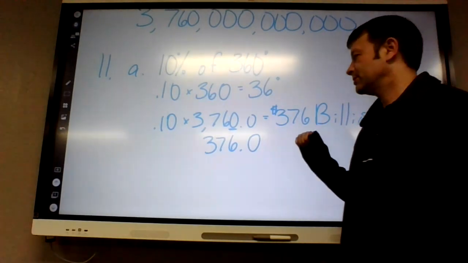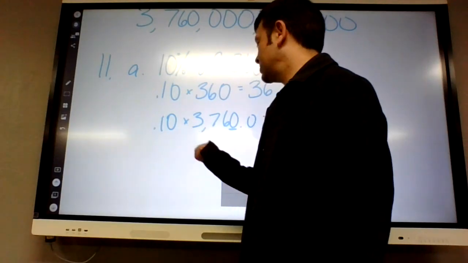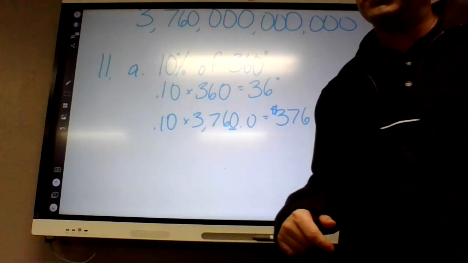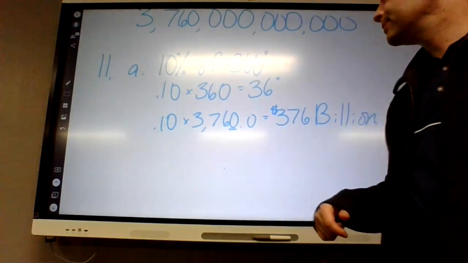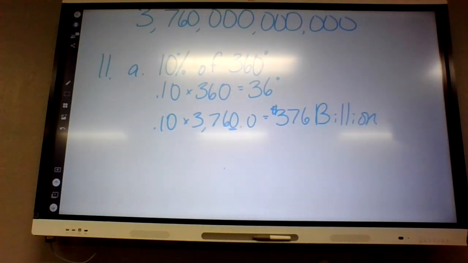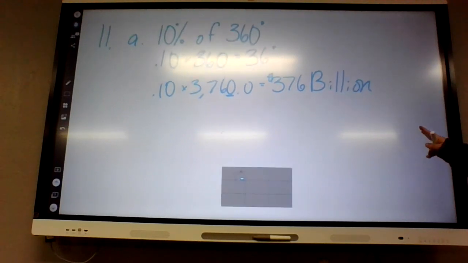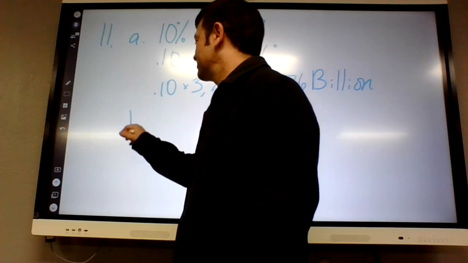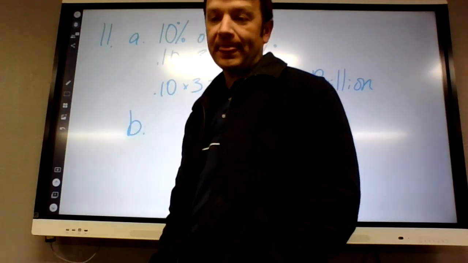With a B. That's how much money we spent on welfare in the year 2015. Well, that's a fair amount. Can I have that, please? Get out. That's a lot of money.